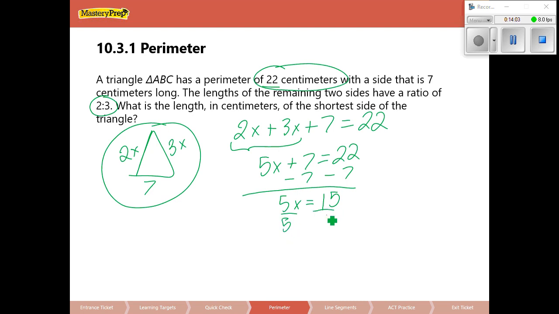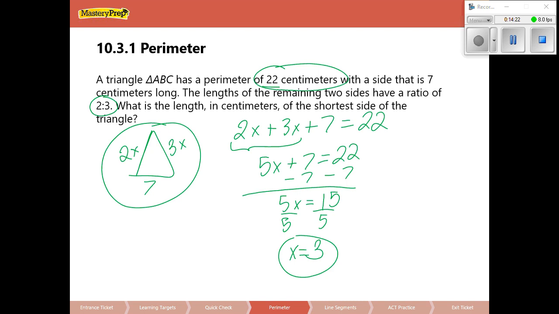Divide both sides by 5. And I have a feeling on the ACT, 3 is going to be one of your answer choices. Is it the correct answer?